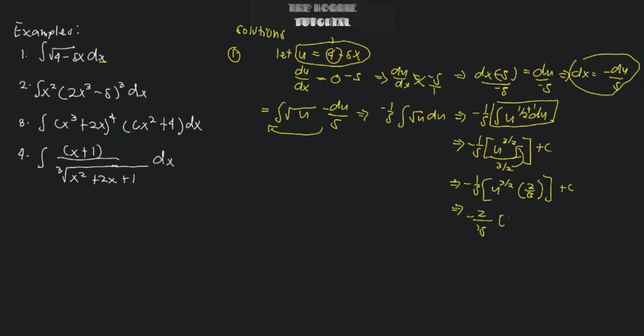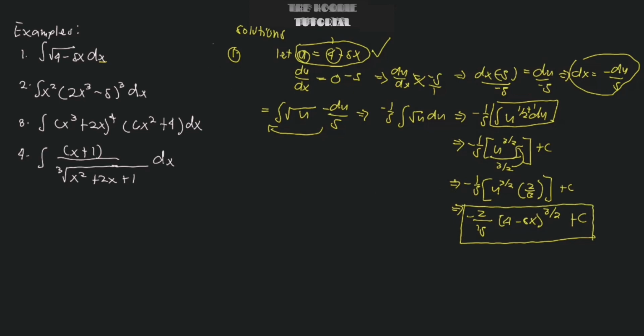And then our u, going back here, we already have the value of u, so just directly substitute that. We have 4 minus 5x raised to 3 over 2 plus c. So this would be our final answer for example number 1.